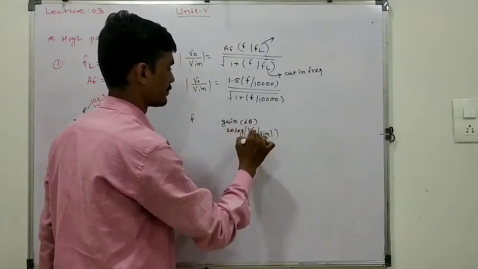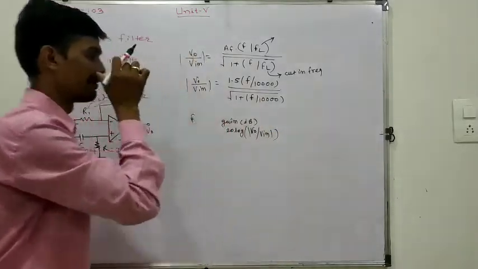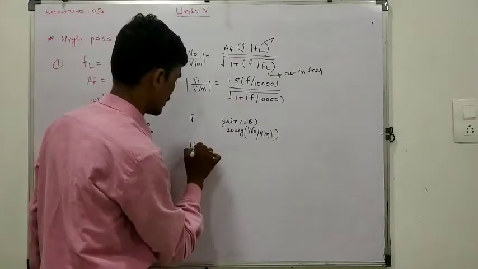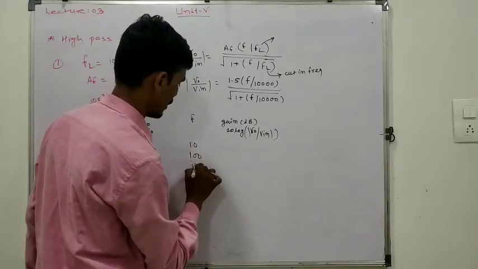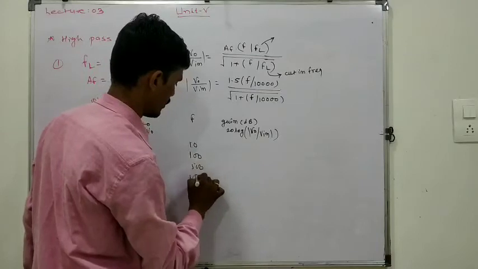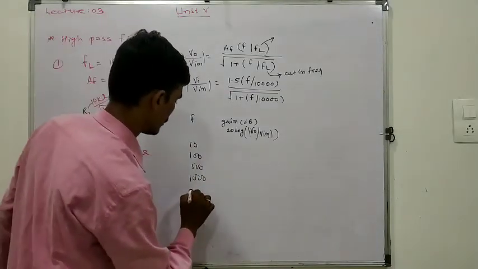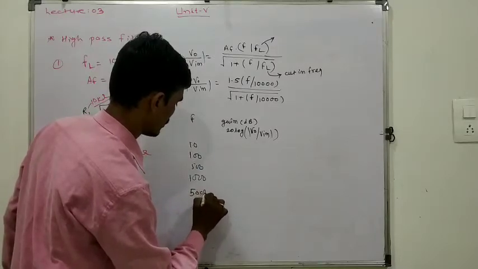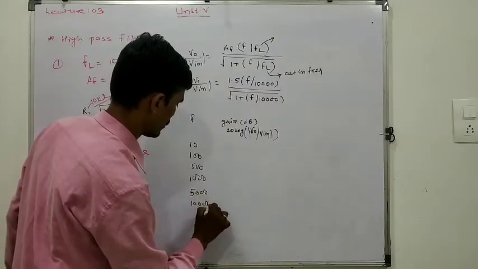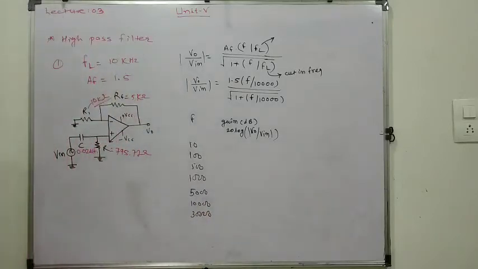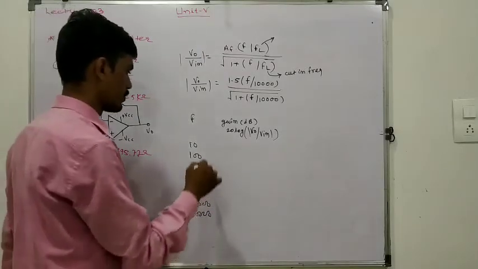Every time we have to change the value of F. So we take the values 10, 100, 500, 1000, 5000, 10,000, 30,000, and so on.